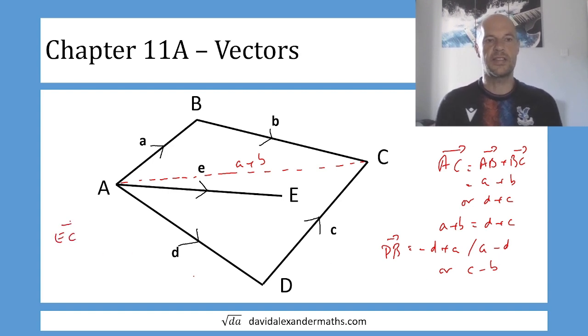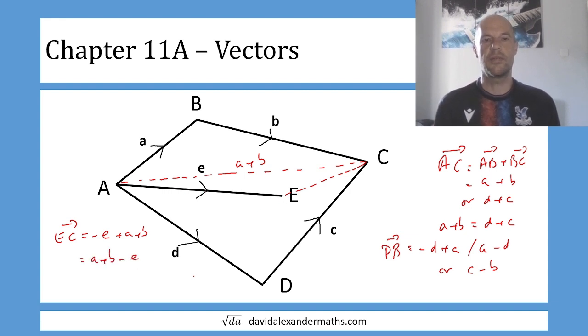Let's try E to C. So to go from E to C, it's just this short journey from here to here, but I can't just go cross country here. I need to take the established route. So to go from E to C, first of all I have to go backwards down vector e, so that's going to be negative e, and then to go from there to C, I might as well go plus a plus b, and I'd probably write that as a plus b minus e.